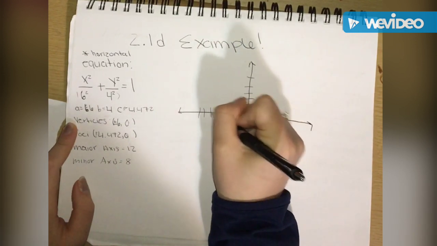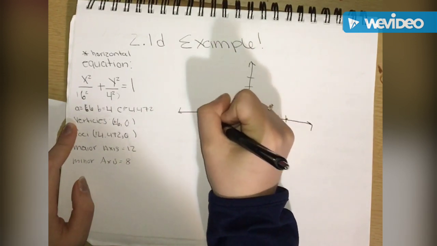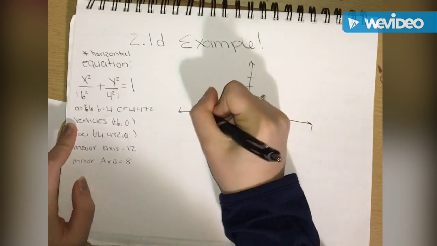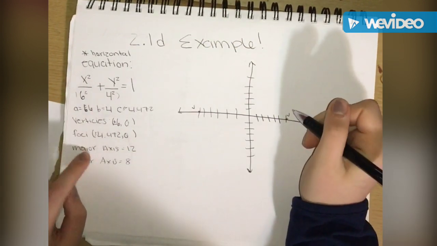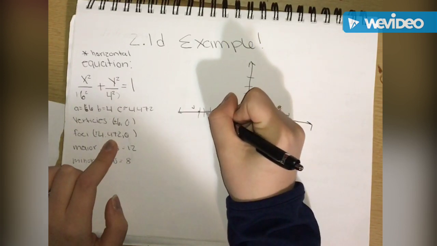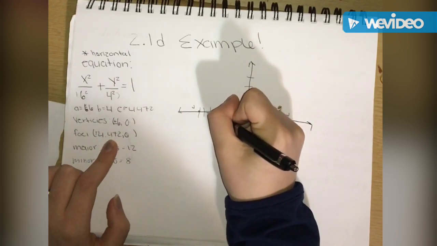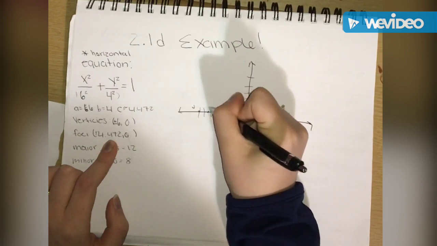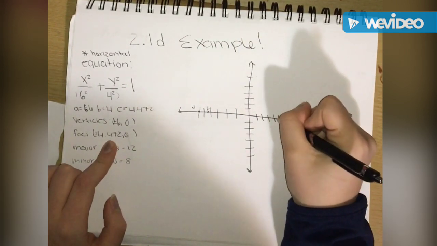And then label those with a V. And then you can do your foci, 4.472, just over the 4 line, labeling those with an F for foci.